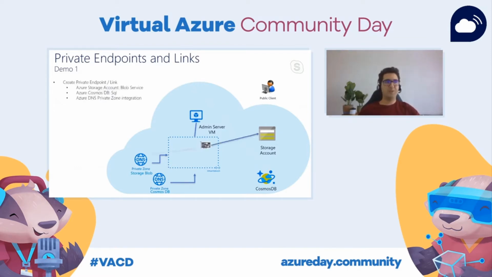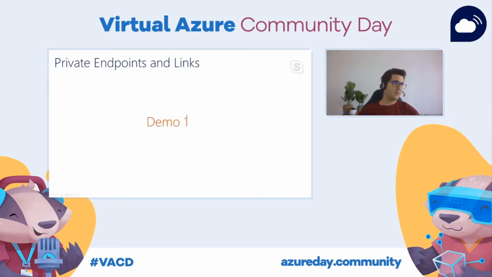In the demo, I will create a private endpoint and a private link to the storage account. I will register the IP address of this private endpoint in the private DNS zone. We will do the same thing for Cosmos DB. And at the end, we will see how to reach these services privately through the private endpoint. So let's go to the demo.